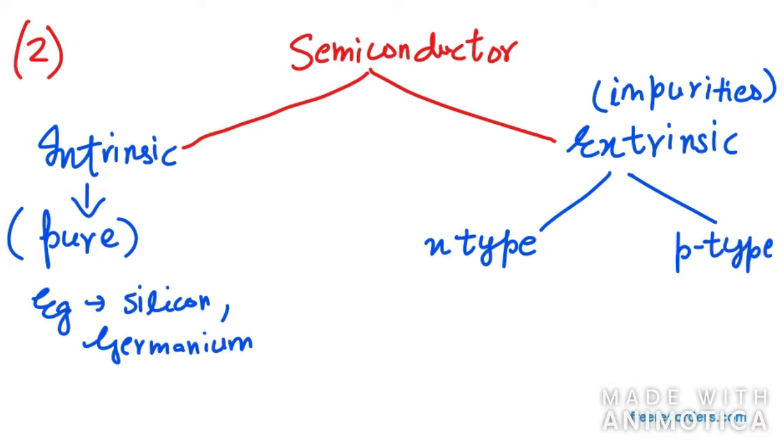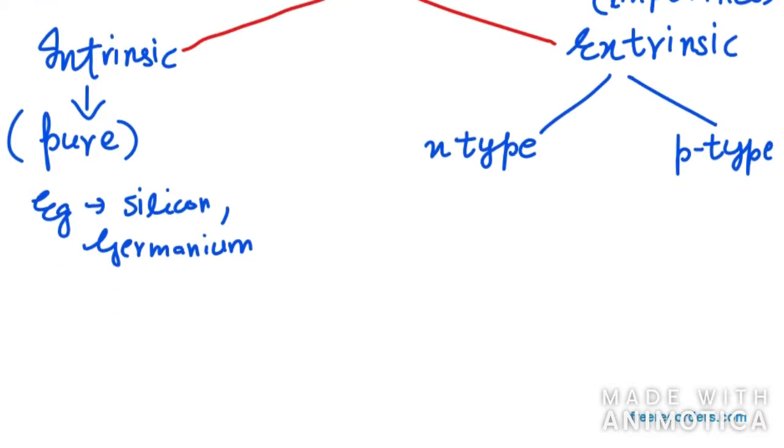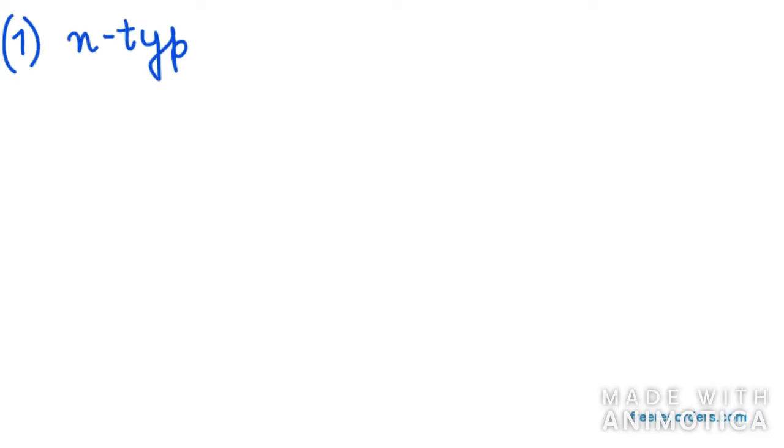Now, I would be talking about N-type first. So let us first discuss N-type semiconductor. Now remember that N-type semiconductor is the doped one. So in this case, we add a pentavalent impurity to a pure semiconductor.